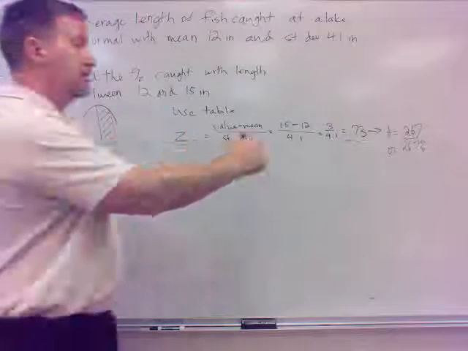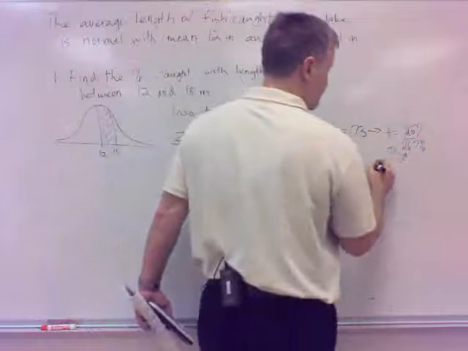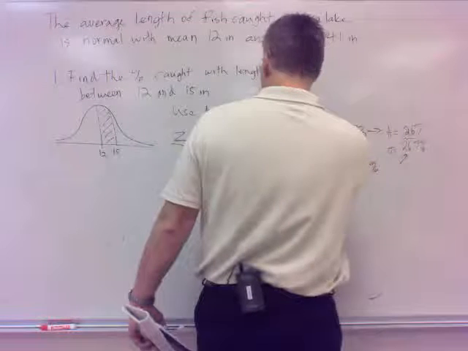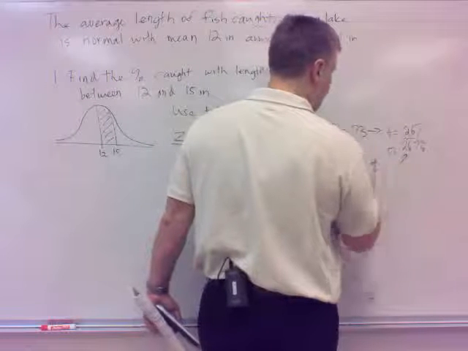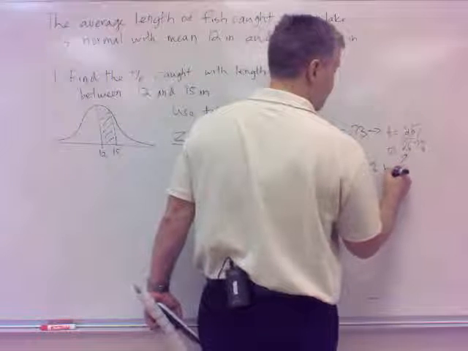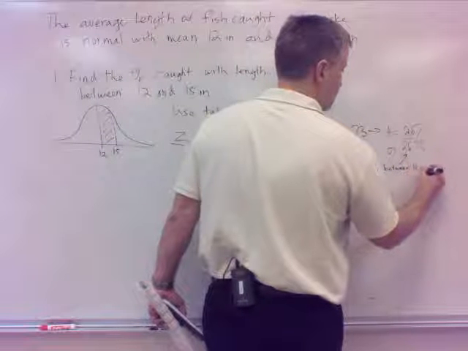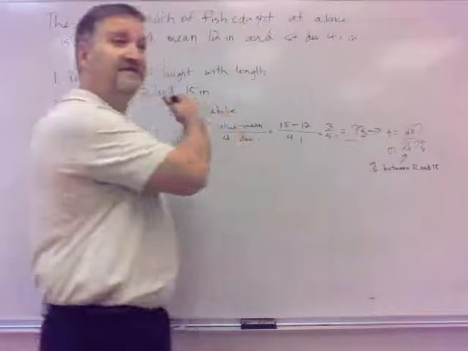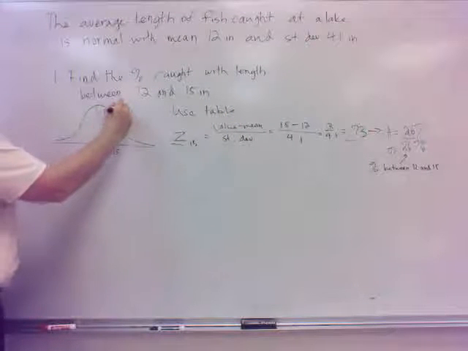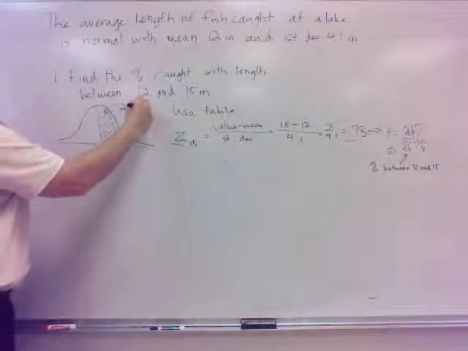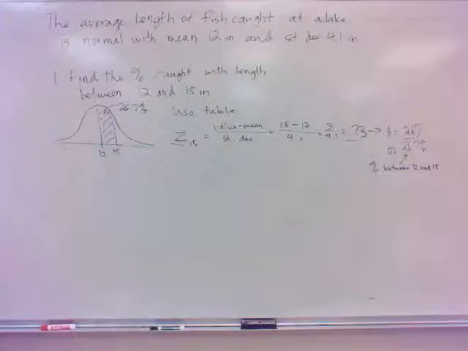That gives me the percentage between this value, 15, and the mean, which is exactly what I want. That is 26.7%. So I don't have to do anything with that one. It's a rare problem, just to get us started. That's what you do.